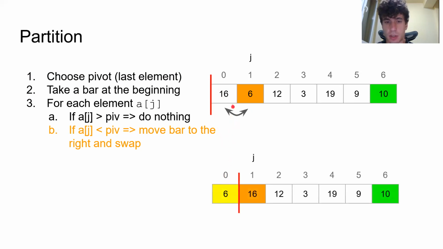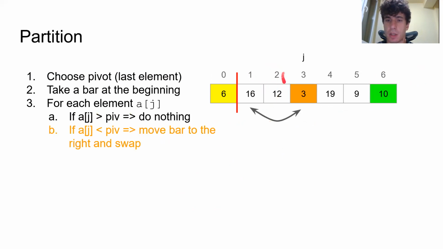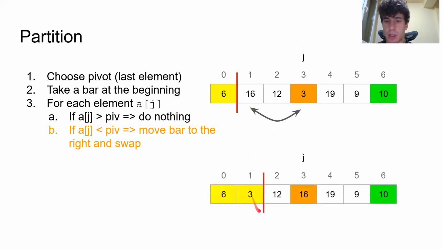So this, since 6 is smaller than 10, we want it to be to the left of the bar. Now, 12 is the same, it's bigger, so we skip it. When we get to the 3, we move the bar to the right and move the 3 behind it. So it becomes something like this.